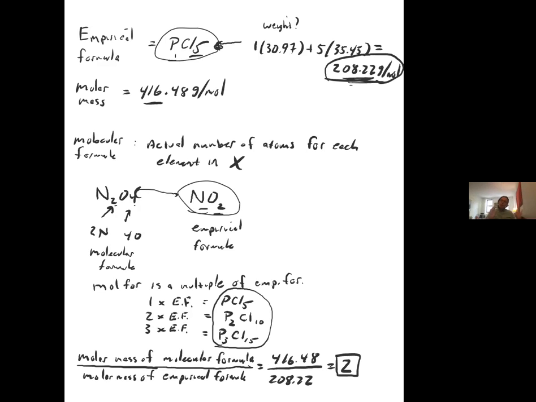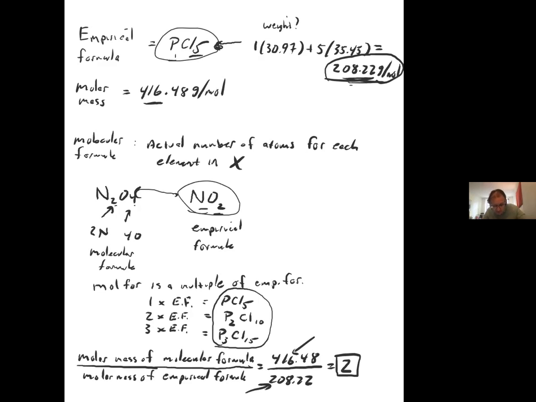Okay? If it's a 1, that means the molecular formula and the empirical formula are identical because they have the same molar masses. They've got to be the same compound. But if you get a ratio of 2, that means that the molecular formula weighs twice as much as the empirical formula. So if it's twice as heavy, that means it has twice as many atoms.